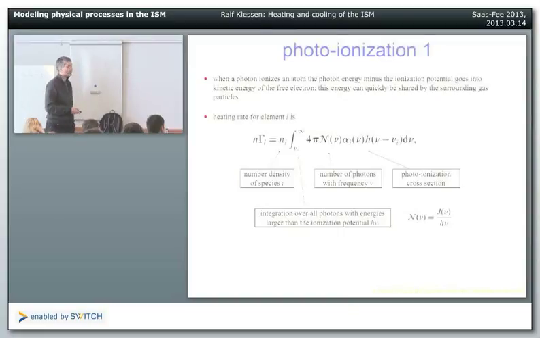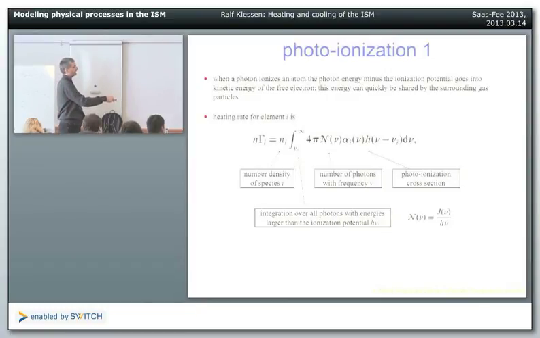Photoionization is the next important process. Again, the heating rate depends on the number density of the species. I need to integrate over all the photons that have energies above the ionization potential. I need the number of photons with frequency in the allowed range. This is then the energy that I'm left with. And this is the cross-section.